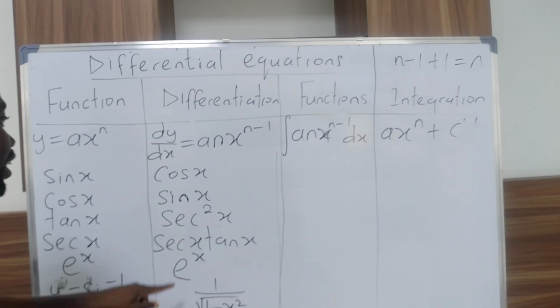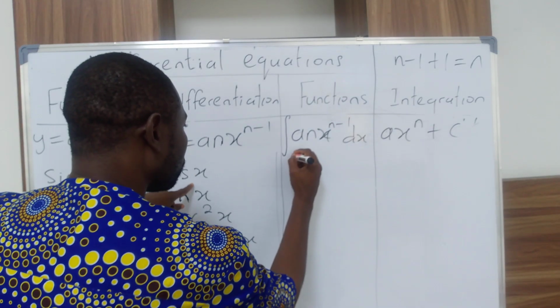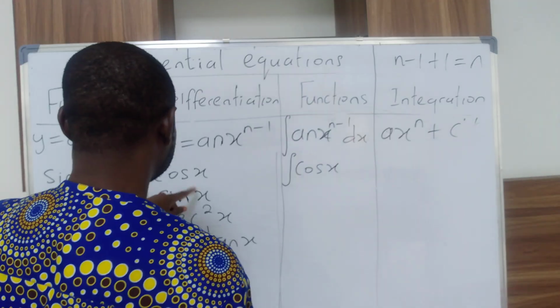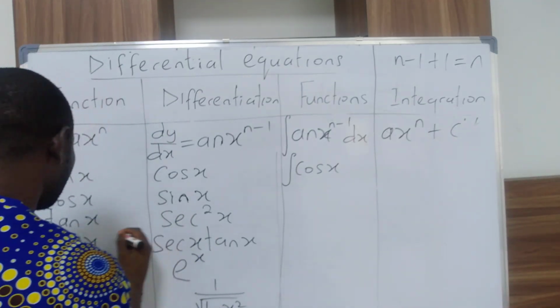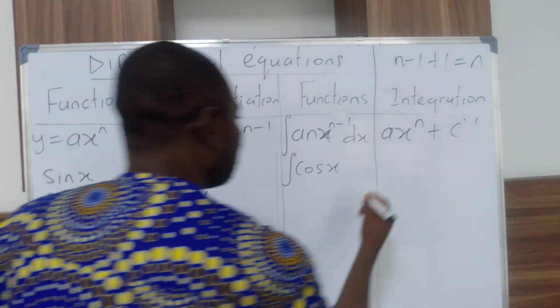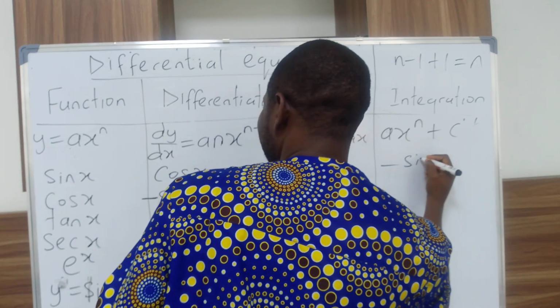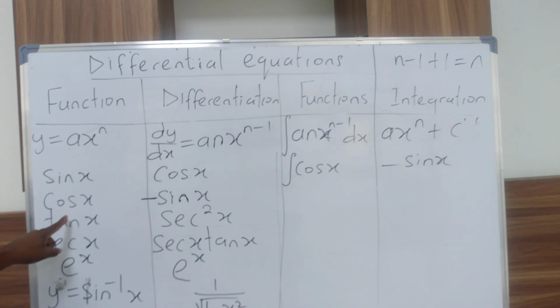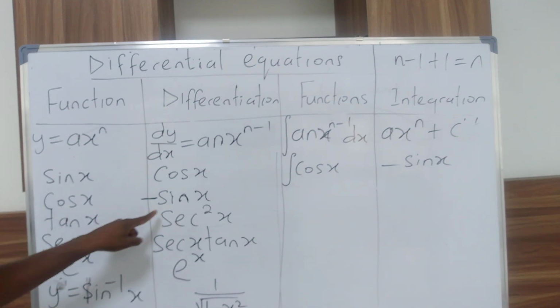Okay? If I integrate cos x, I'm going to get sin x. Now, don't forget, if I differentiate cos, it's minus sin.